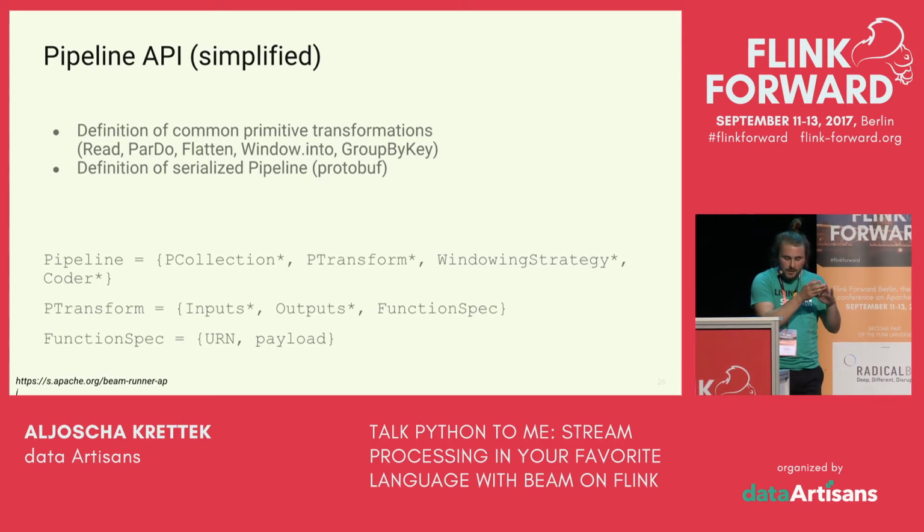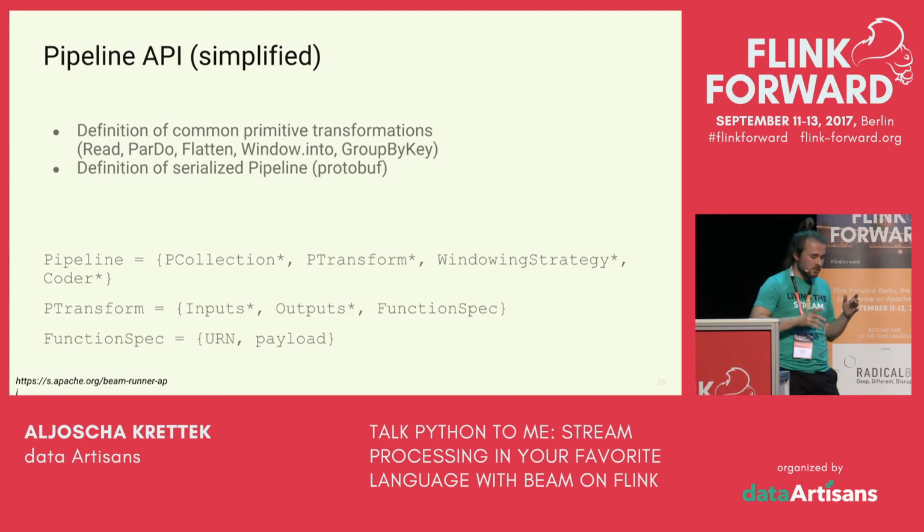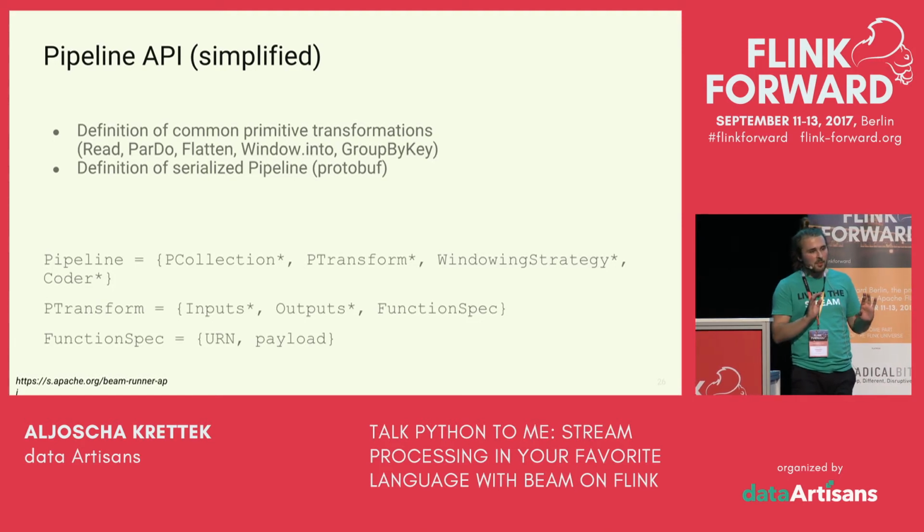And in a simplified way, a pipeline, this protobuf definition, consists of the number of P collections that are in this pipeline. It consists of the P transforms that are in this pipeline. It consists of the windowing strategies that the user used in their pipeline.